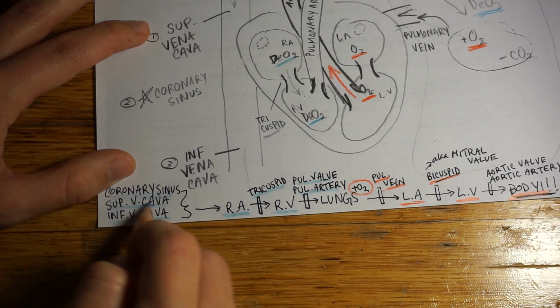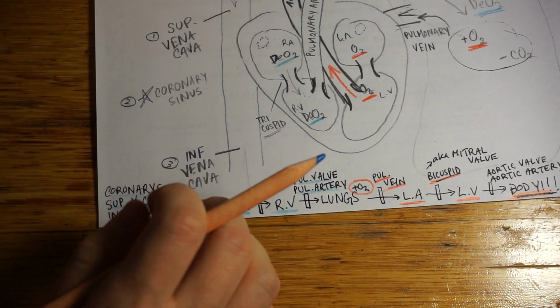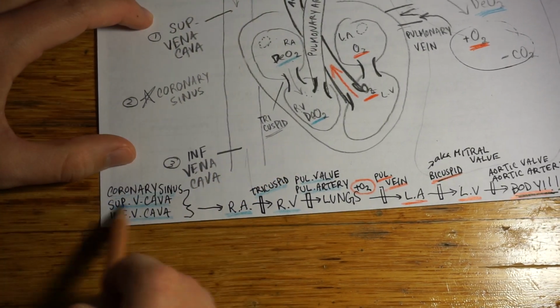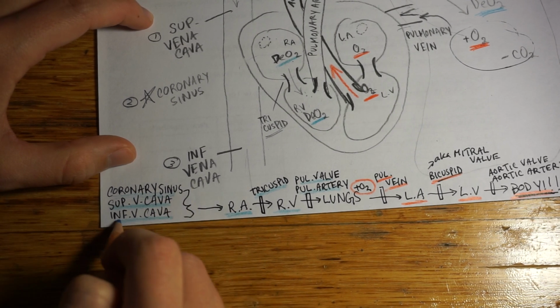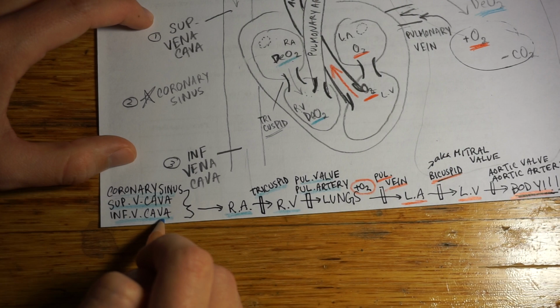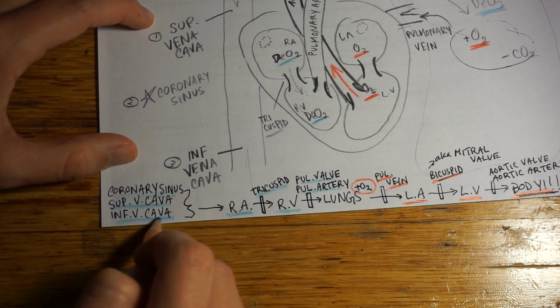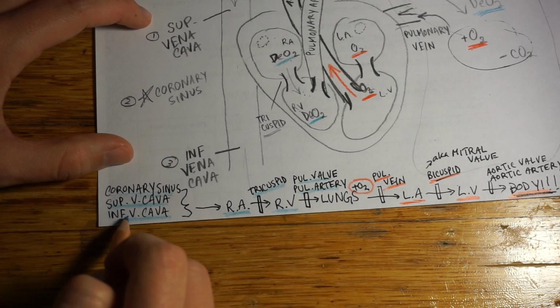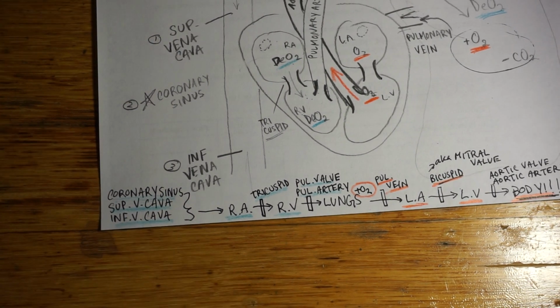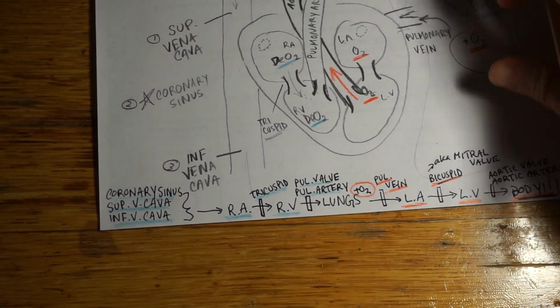The deoxygenated blood from the head and the neck will travel through the superior vena cava to jump back into the right atrium. And deoxygenated blood from things like your limbs and other organs inferior to the heart are then going to dump into the inferior vena cava. And it starts all over again.